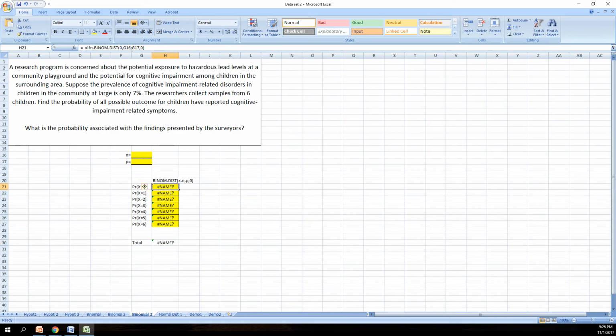So you'll have to put your n and p in there, and then it should populate for you. And then at the very bottom under the total, this one should equal 1, right? Everything we've been learning about should equal 1. So once you type all your n and p and get your values here, this should equal 1.